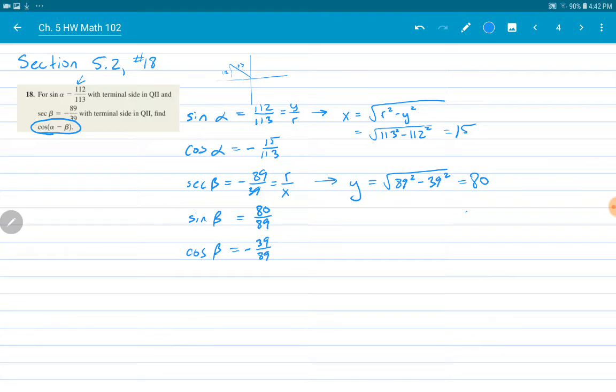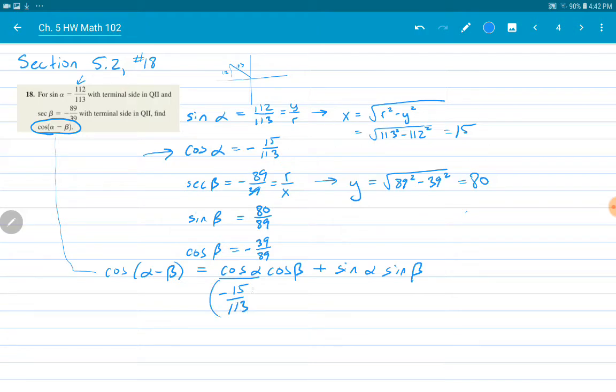And now that I have all the information I need, I can use the formula for cosine of alpha minus beta, which is cosine alpha cosine beta, change a sign, sine alpha sine beta. Cosine of alpha, pull it from right here, I get negative 15 over 113.